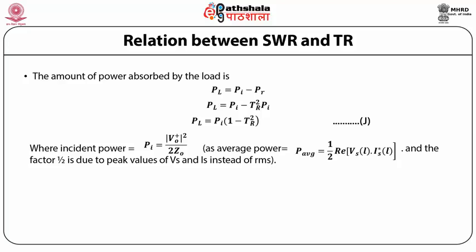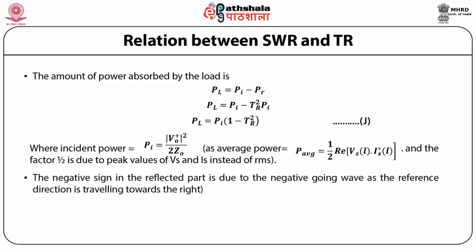The negative sign in the average power, that is P average, is 1 by 2 real Vs L multiplied by Is star L, and the negative sign in the reflected part is due to the negative going wave, as the reference direction is traveling towards the right.